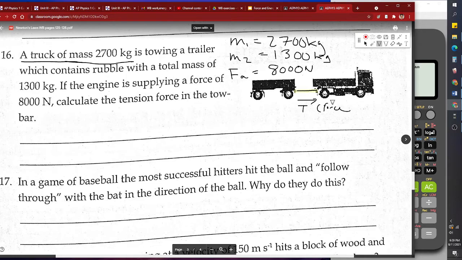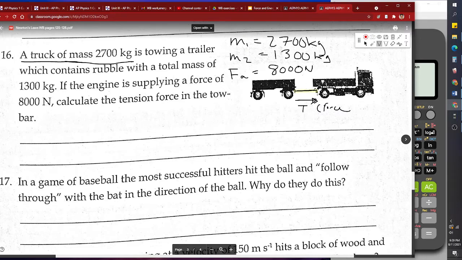The thing with tension is there's only tension if there's a load on it. The tension of this tow bar is due to the mass of the trailer behind it. If there's no mass of the trailer, there's no tension in the tow bar.